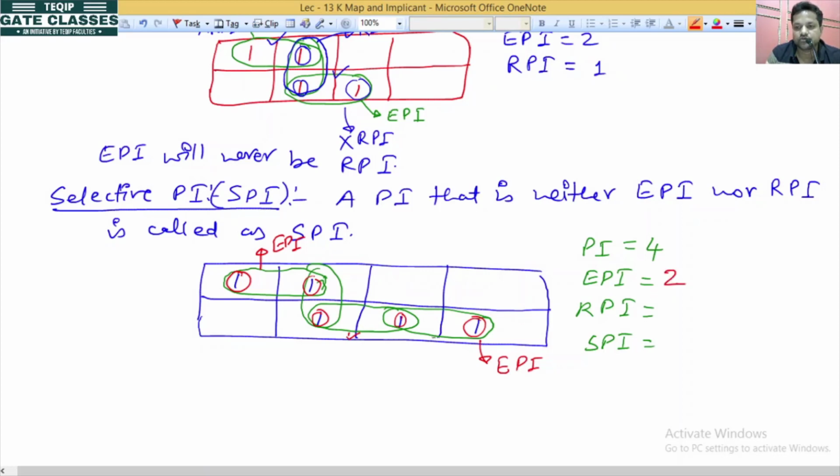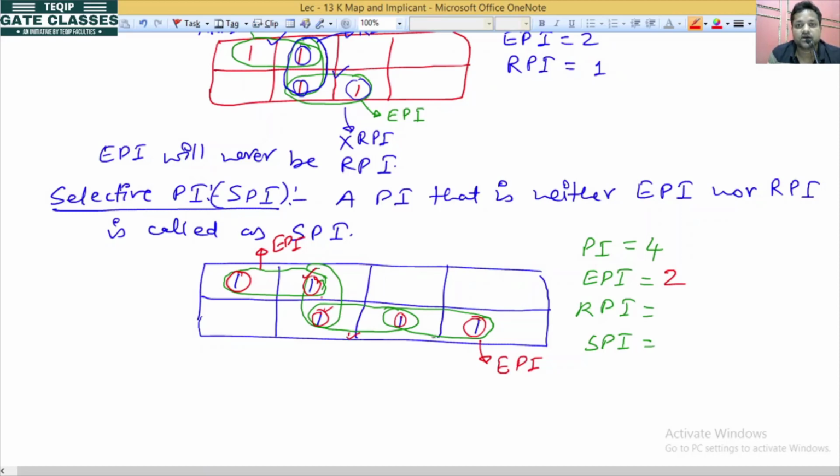So how many EPI are there in total? 2. If you go for RPI, what does it mean? If all the cells of a PI are covered by some EPI, then it is RPI. We know that EPI will never be RPI. Always remember this. If you talk about this group, is it RPI or not? No, because this one is covered by EPI, this one is covered by EPI, but this one is not covered by any EPI.